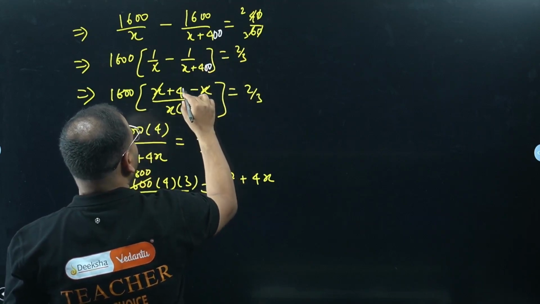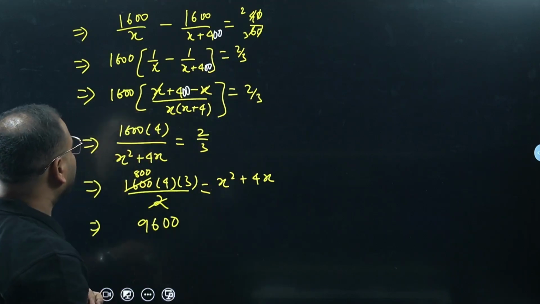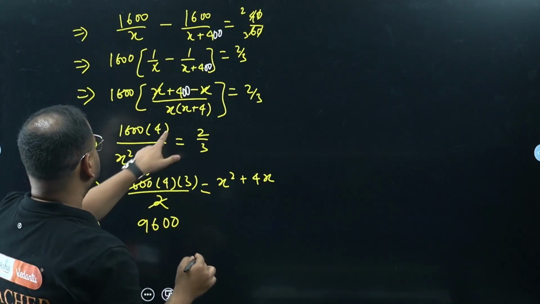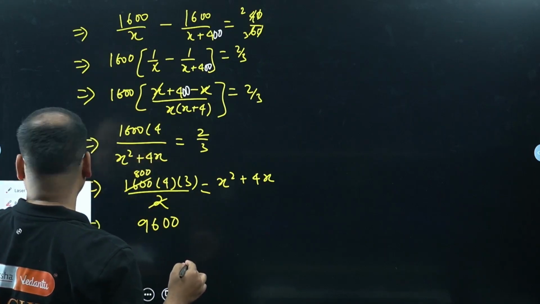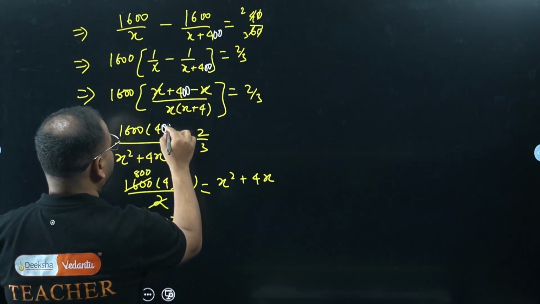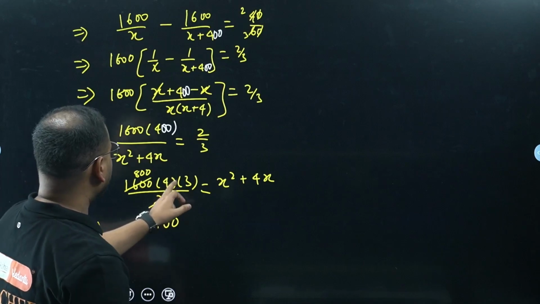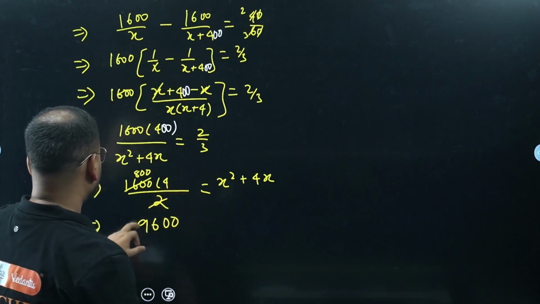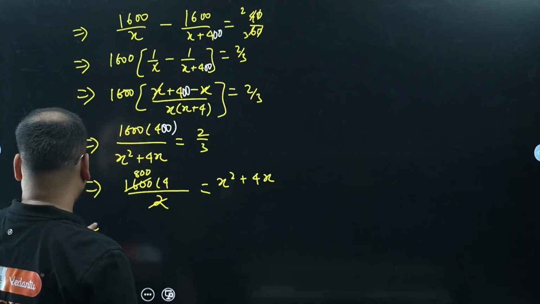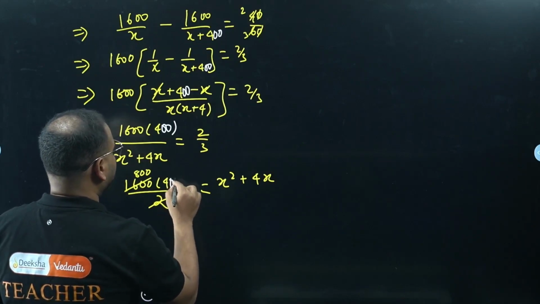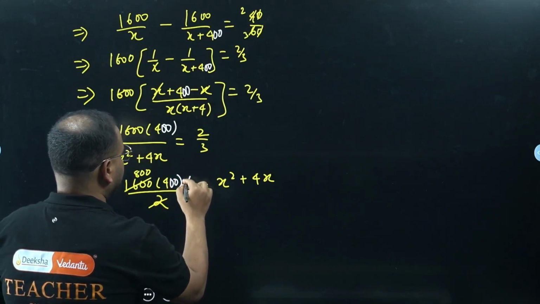Sorry for making this mistake. Forgive me guys, this is also 400. I'll write this step again. Not a big mistake, but still I missed writing 400 times 3.